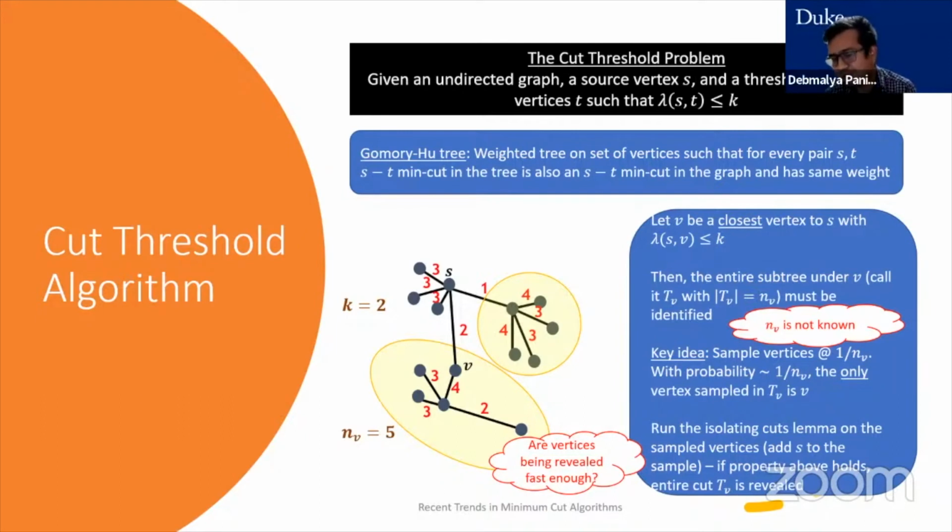It's like 1 over the size of T sub v, right? It's 1 over n sub v. n sub v can be large. It can be n over 2, for instance. Then this probability is just 2 over n. So we are revealing all these vertices, but with fairly low probability, just probability 2 over n, if n sub v is n over 2. So is that good enough? Are we revealing vertices fast enough?